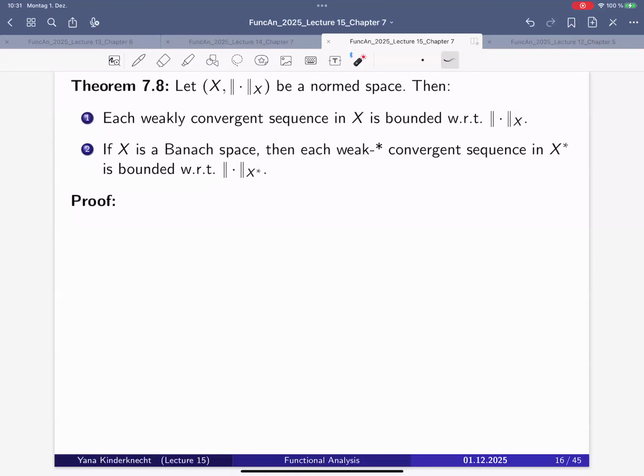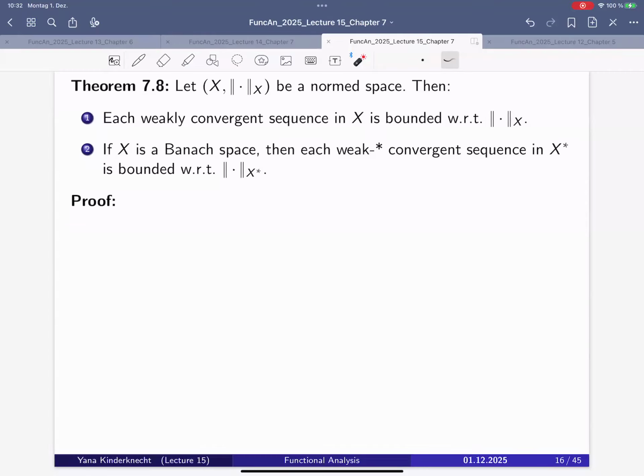Since when we consider weaker topologies, we have more convergent sequences. And sometimes in applications, it's just easier to construct by hand, so to say, or present constructively a weakly convergent sequence or weak star convergent sequence than a sequence which converges in the norm.